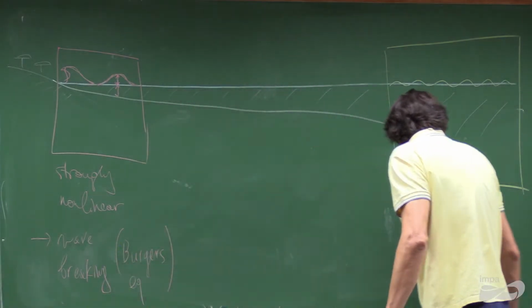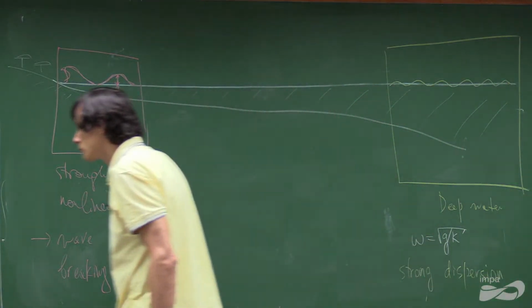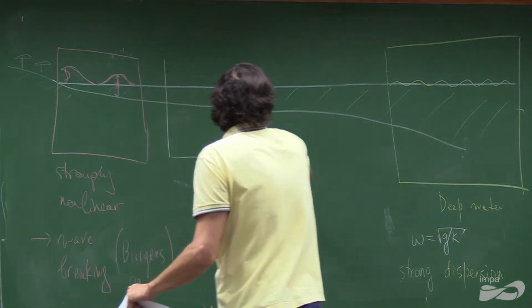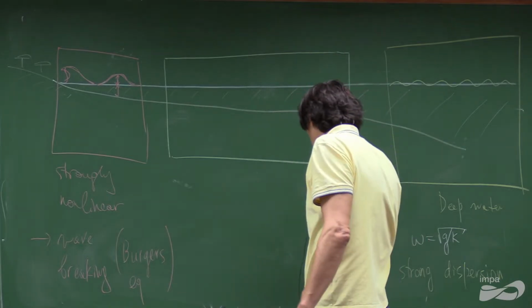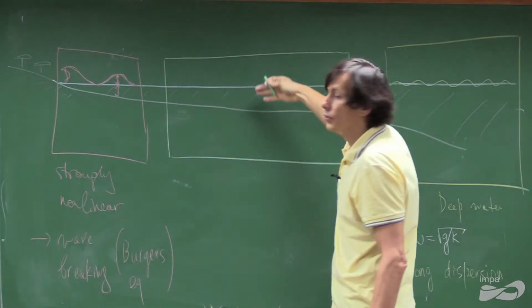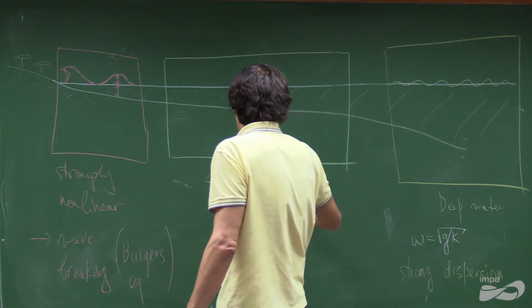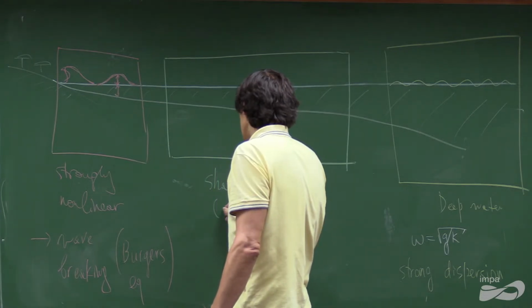So now in the middle, green. So in the middle between the two, what do we have? We have shallow water, which means that we're in a weakly dispersive regime.